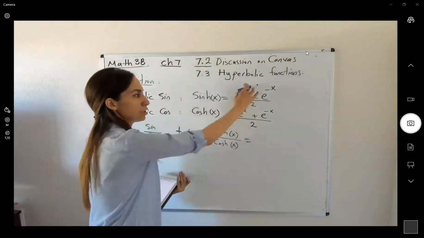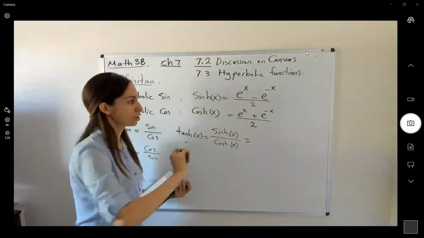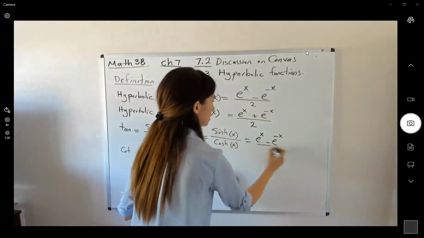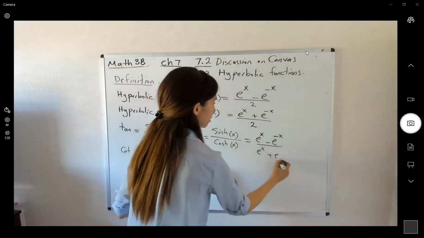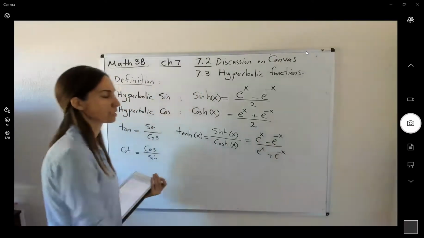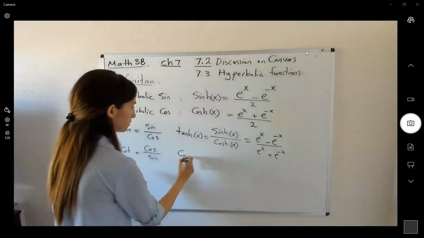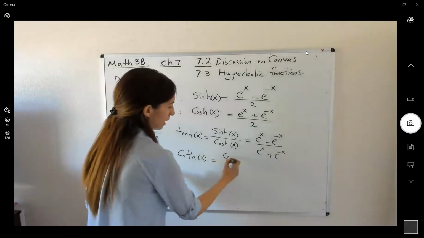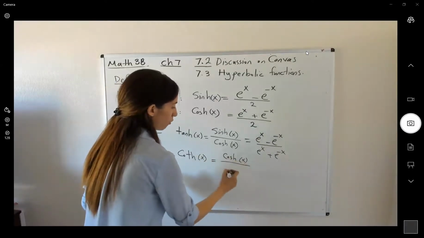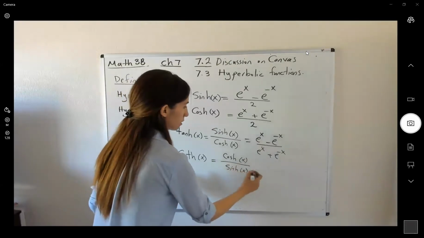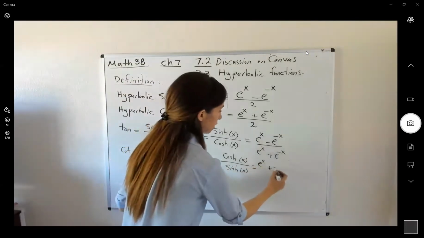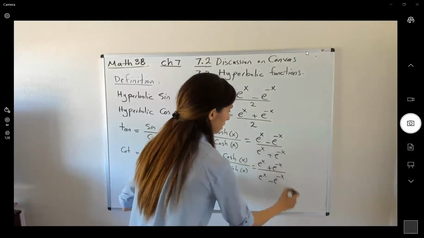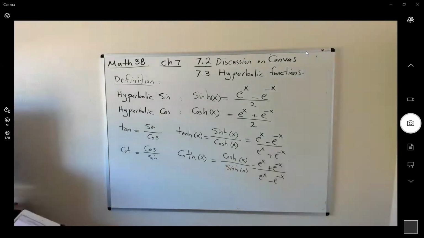We can cancel out the common denominator, which is 2. We get e to the x minus e to minus x divided by e to the x plus e to minus x. We can simplify this more. And hyperbolic cotangent, which is defined as hyperbolic cosine over hyperbolic sine, is e to the x plus e to minus x divided by e to the x minus e to minus x.